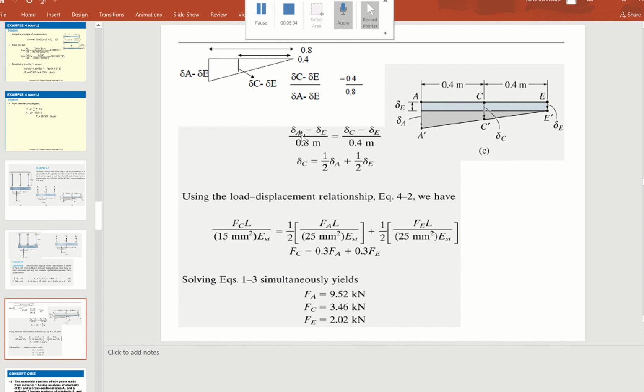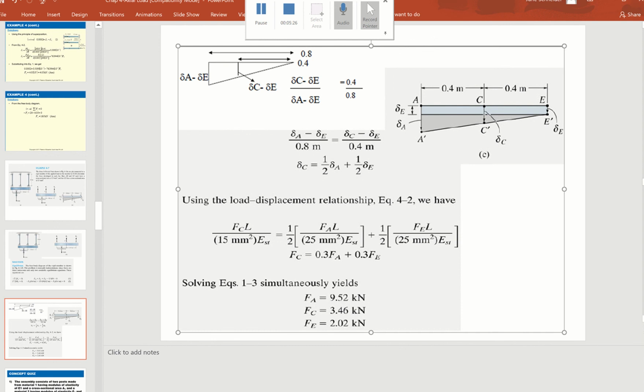Delta A minus delta E, that's this length right here, over 0.8, the entire big triangle length, is equal to delta C minus delta E, this length right here, over this 0.4.